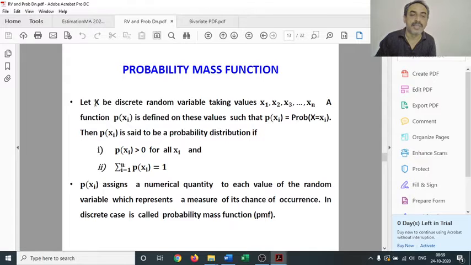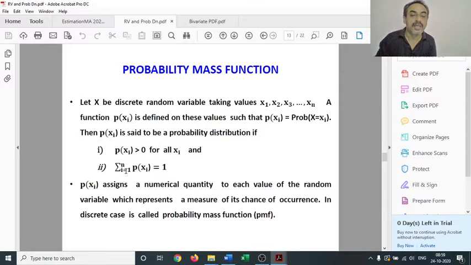That is, x is the random variable, its values are x1, x2, etc., xn, and this p of xi is defined as the probability of x equal to xi. That means the random variable x assumes the value small xi, and its probability is given by this equation. This function of assigning probabilities to various values of xi is said to be a proper probability mass function if it has the two properties.